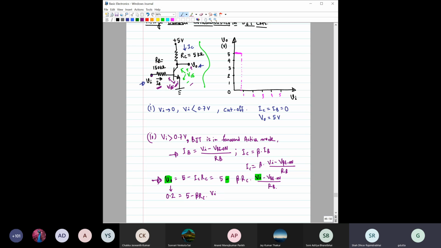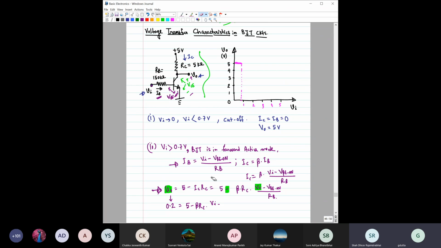Sir, when V output is tending to 0, the transistor would stop, no sir? When V output is less than the starting voltage of VCE, means there would be some initial voltage required to get it in forward bias. Let me try to understand your question.